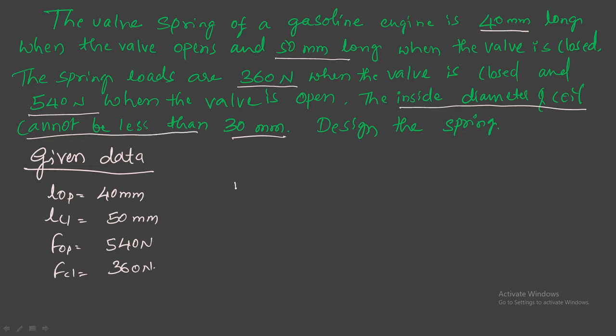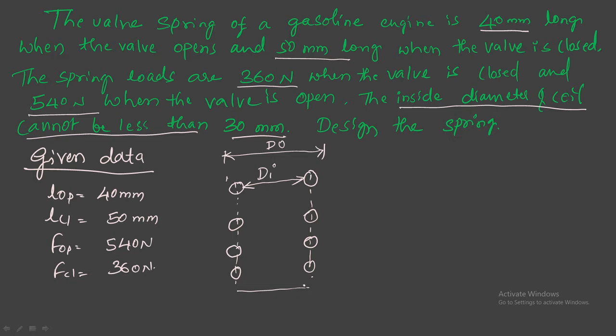That means, when you consider the coil here, as you made a coil with a circular cross section, this is the inner diameter, and this one is the outer diameter, and this is the mean coil diameter, right? And this is the wire diameter.